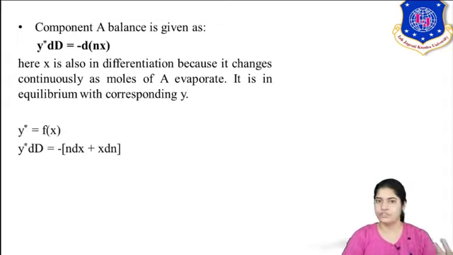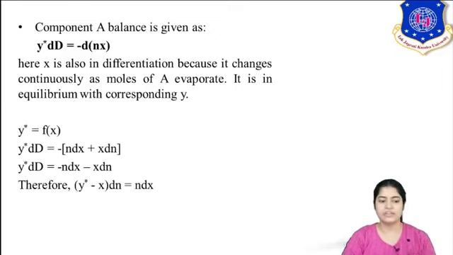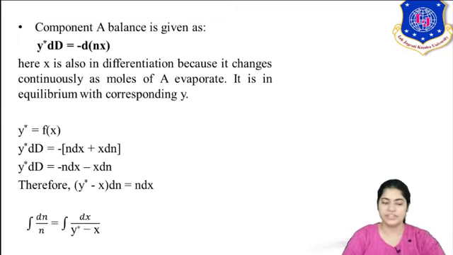Your Y star is the equilibrium vapor phase composition, in equilibrium with the liquid phase. Differentiating, we get Y star dD is equal to minus (n dx plus x dn). So I can say (Y star minus x) dn is equal to n dx. On integration, I get my final form.